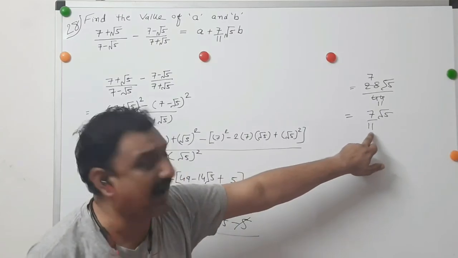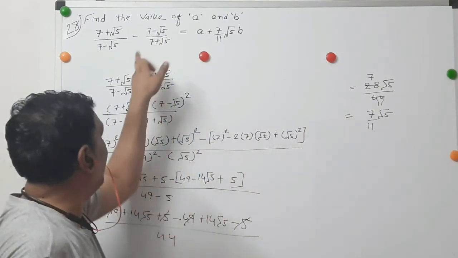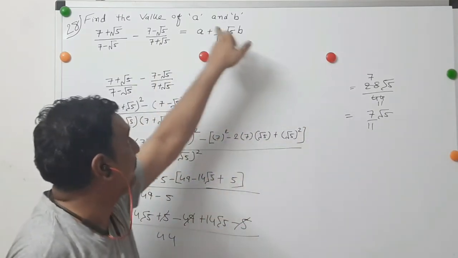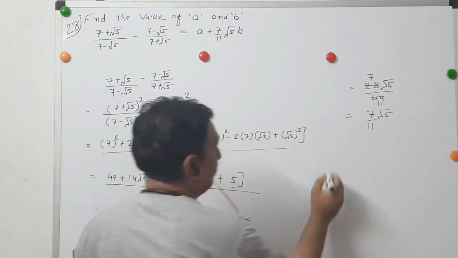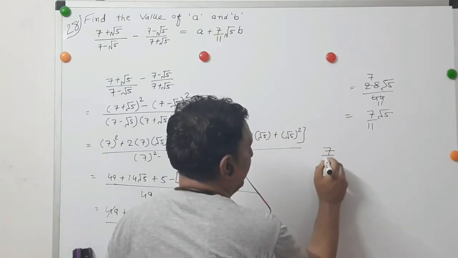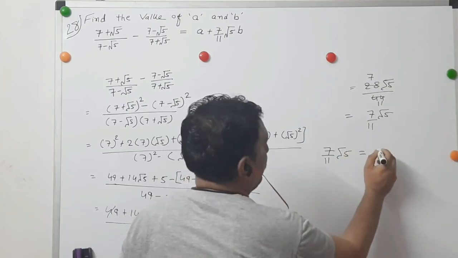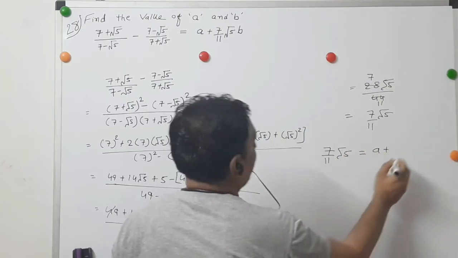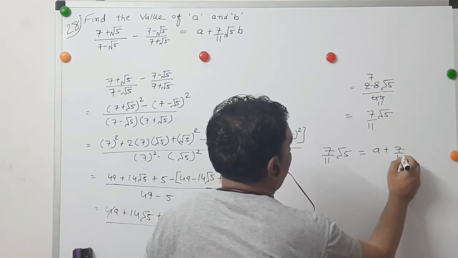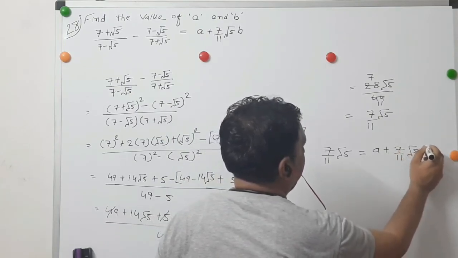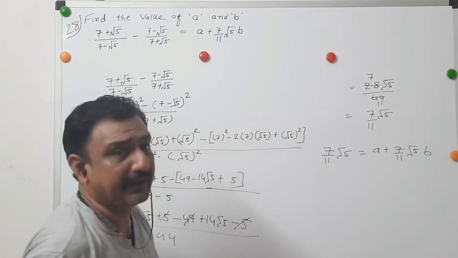Now compare the final form of the left hand side with the right hand side. So what do you get? 7 by 11 root 5 is equal to a plus 7 by 11 root 5 b.